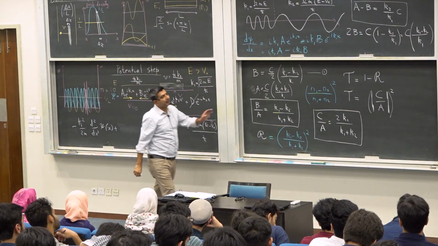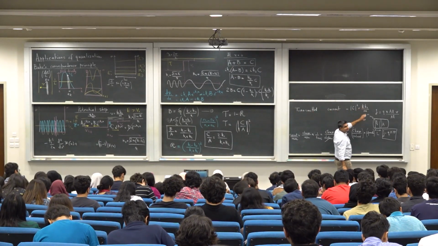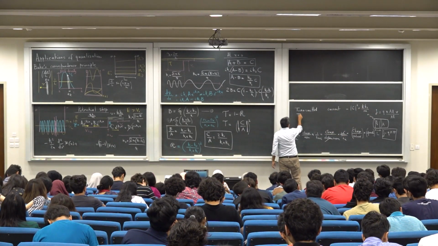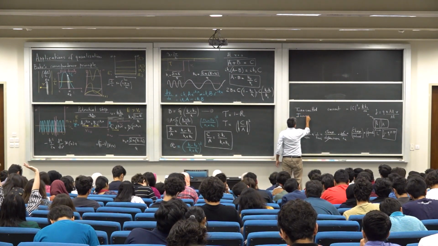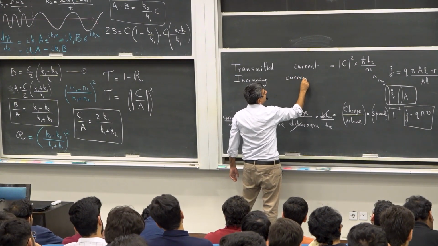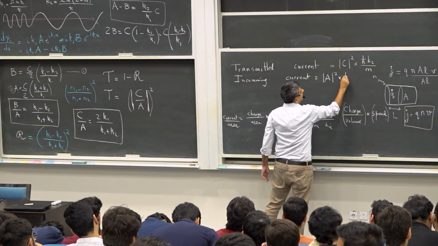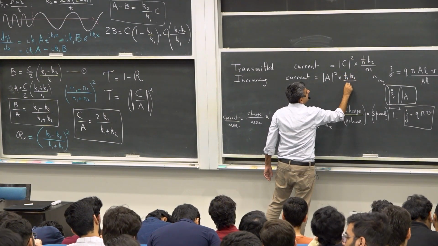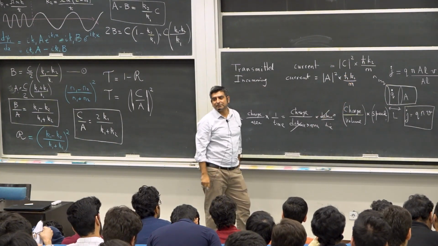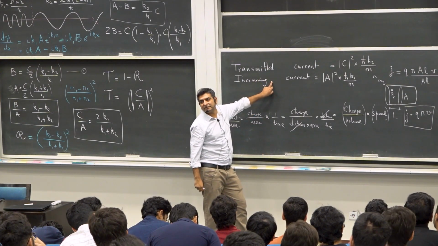So the outgoing current is this thing, and the incoming current is A mod square into h bar k1 over m. So the transmission coefficient is the ratio of these currents.